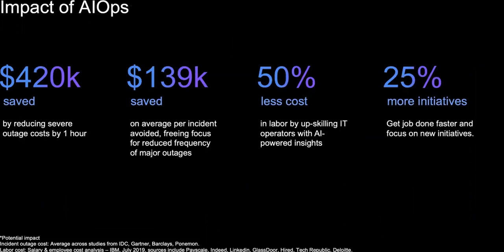Just to emphasize where the value is here, when you're adopting these strategies there can be real business value, whether it's reducing the outage time of a severe outage, or freeing up your talent within your team to focus on fixing problems instead of fighting fires.